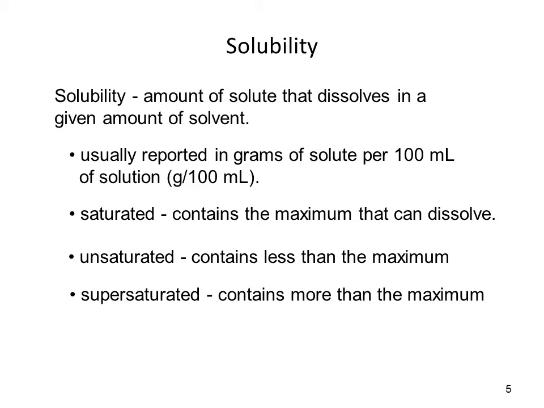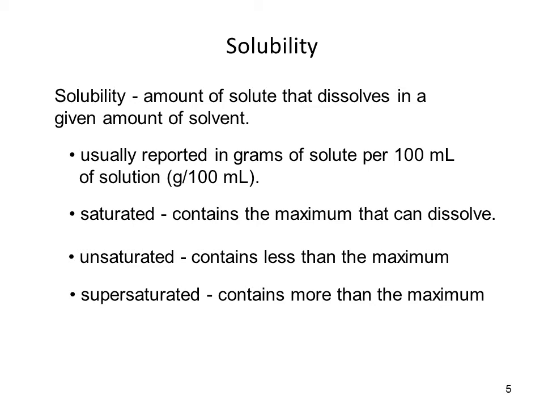We define concentrations that way, but solubility, actually saying what's the maximum that can be put into a solvent, we usually define that in grams of solute per 100 grams of a solvent. So you have to be careful and always read what it says and never assume that you know things, but look at the units to say exactly what does it say.